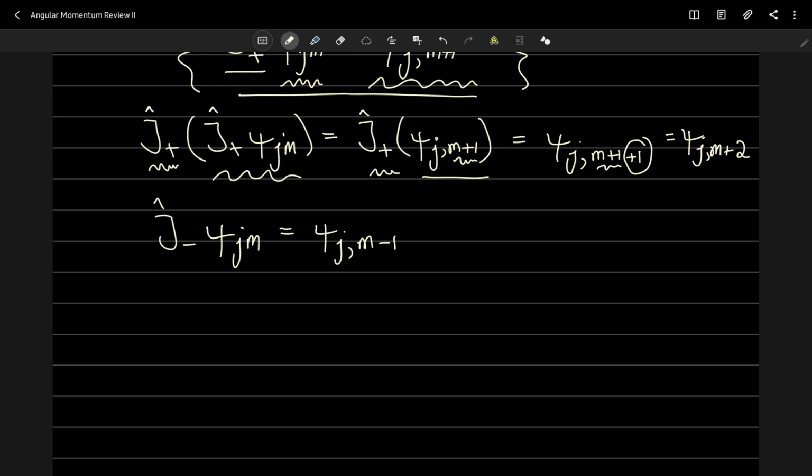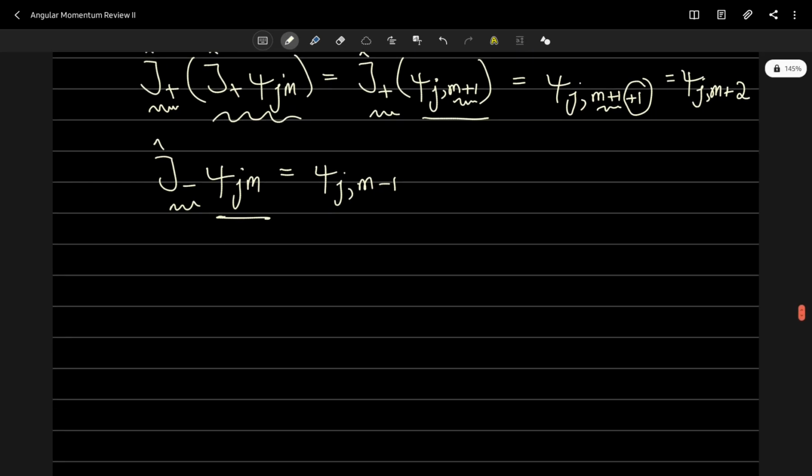Likewise, if I were to act with j minus again on this whole thing, it would give me m minus 2. So we have found a scheme for generating a sequence of eigenfunctions of jz from a single eigenfunction, psi j m, with successive values of m differing by unity.